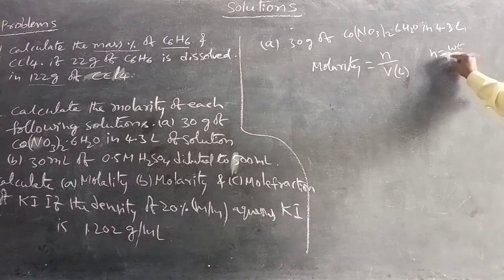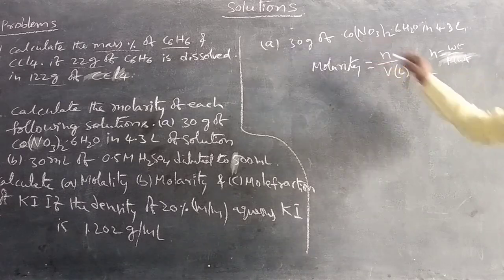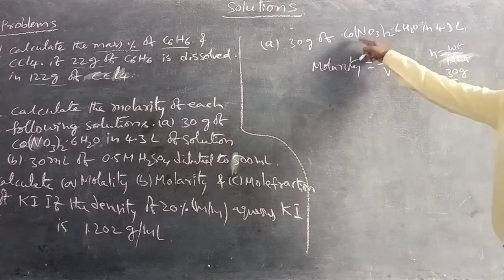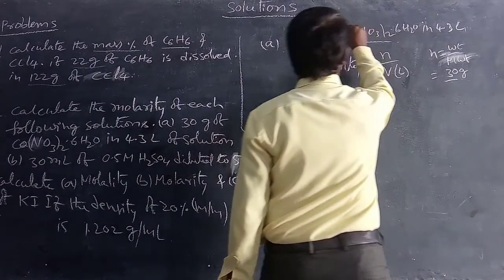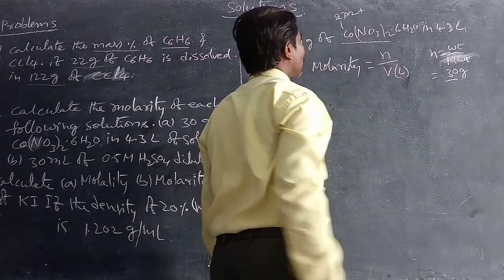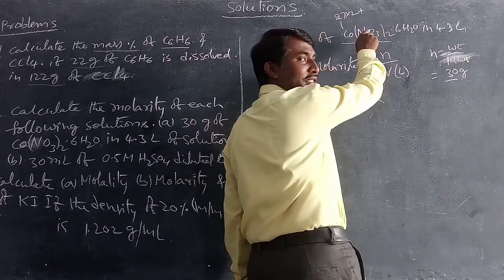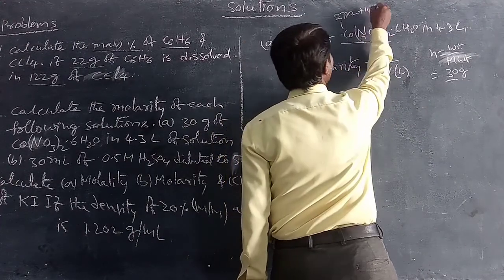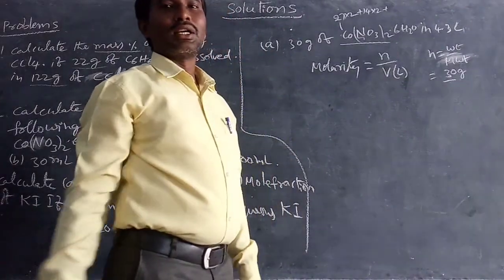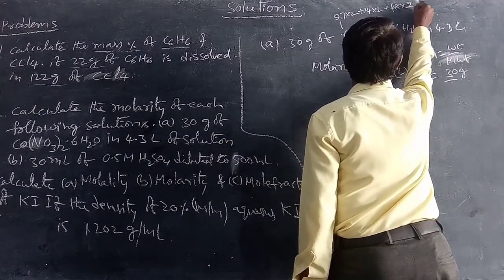Weight by molecular weight. The weight given is 30 grams, divided by the molecular mass of this compound. Cobalt is 27, plus nitrogen, 2 nitrogens, so nitrogen mass is 14 into 2, plus oxygen 16 into 3, which is 48, into 2.